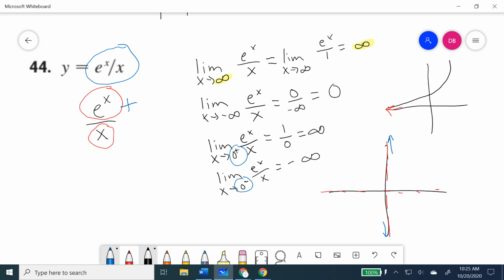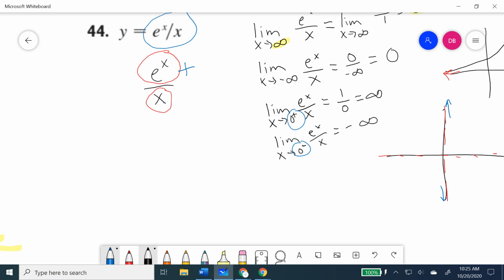But to know a little bit more about what's going on, I need to take the derivative. So low d high minus high d low, square the bottom, and away we go. Anytime you do quotient rule or product rule with an exponential function, you will be able to factor that exponential function out.